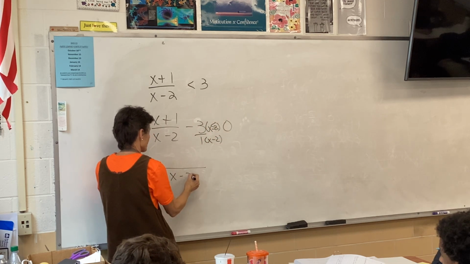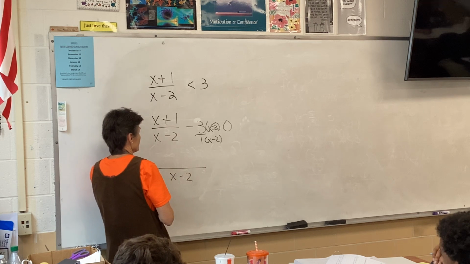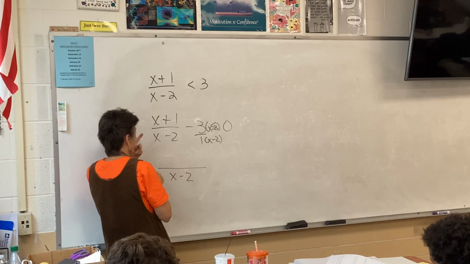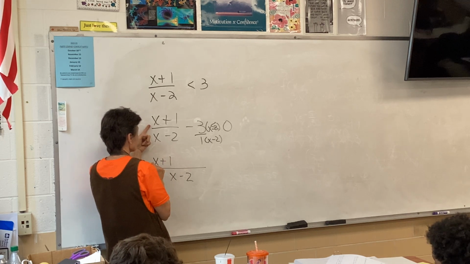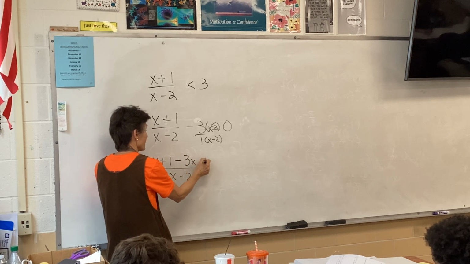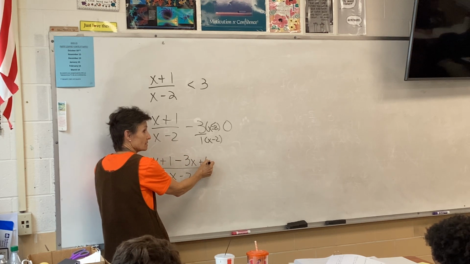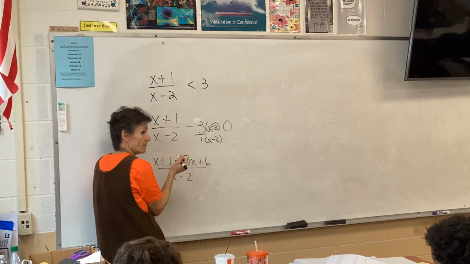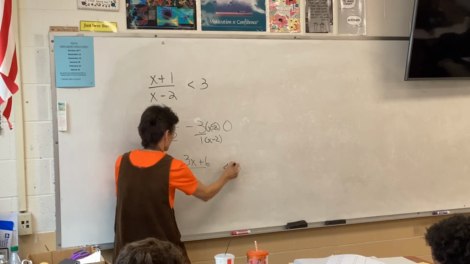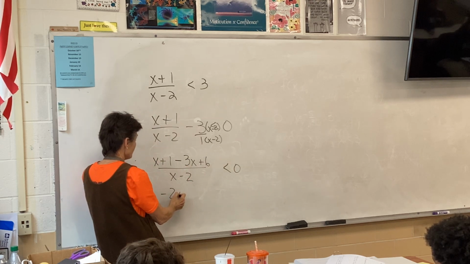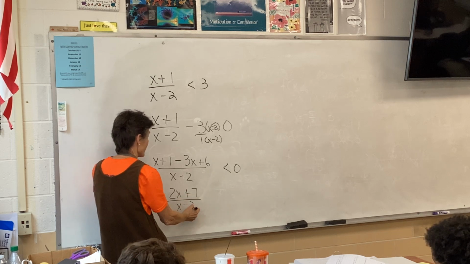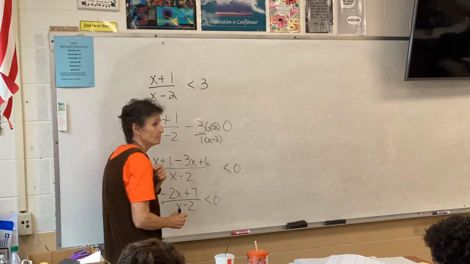So our fraction will have a common denominator of x minus 2. And on top, I have x plus 1 minus 3x plus 6. Are you in agreement? And now less than 0. So negative 2x plus 7 over x minus 2 is less than 0.